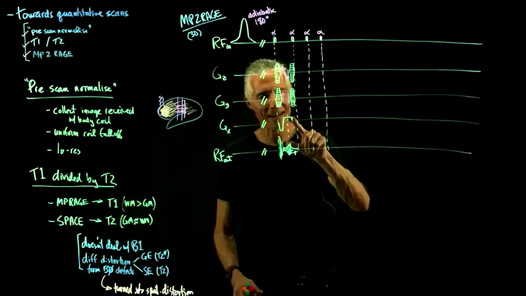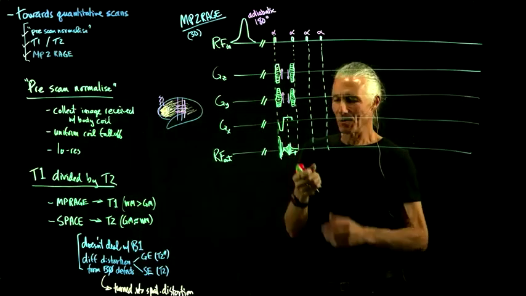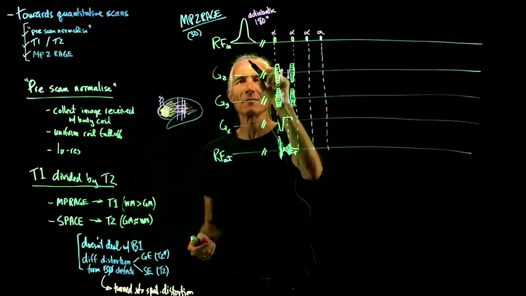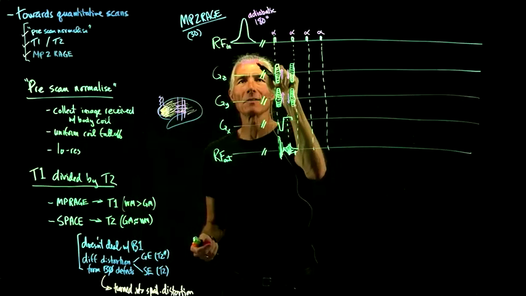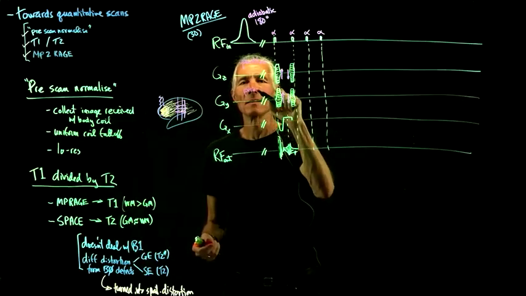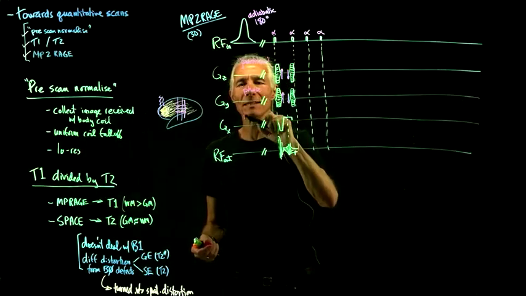But this still looks like a regular incoherent scan. And so why is that? It's because we haven't fixed the readout. So this is the partition direction or second phase encode direction, and this guy is the phase encode, and this guy's the readout. So we didn't fix the readout.